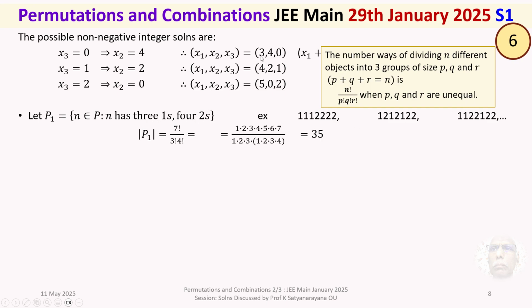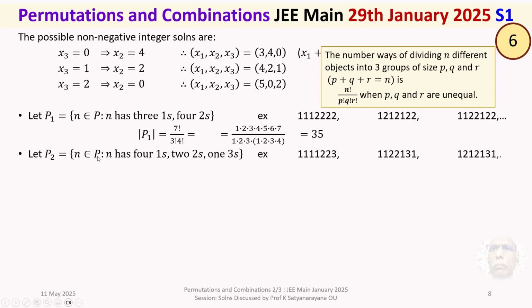In this case, 3, 4, 0 are unequal, and 3 plus 4 plus 0 is 7. Therefore, the order of P1 will be 7 factorial by 3 factorial into 4 factorial. Substitute here and cancellation takes place. The answer is 35.